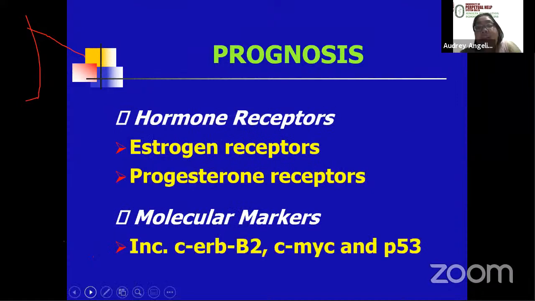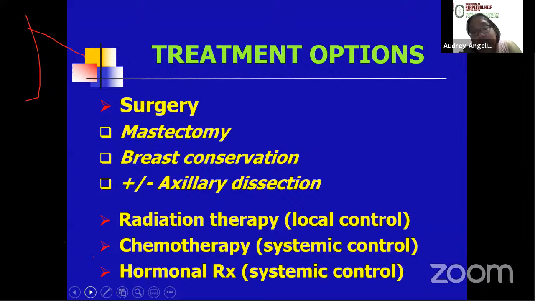Depending on the presence or absence of your hormone receptors and certain molecular markers, which may improve or worsen your prognosis. So treatment more often is mastectomy or breast conservation, plus or minus axillary dissection, either followed by radiotherapy alone, chemotherapy alone, or hormonal treatment alone.